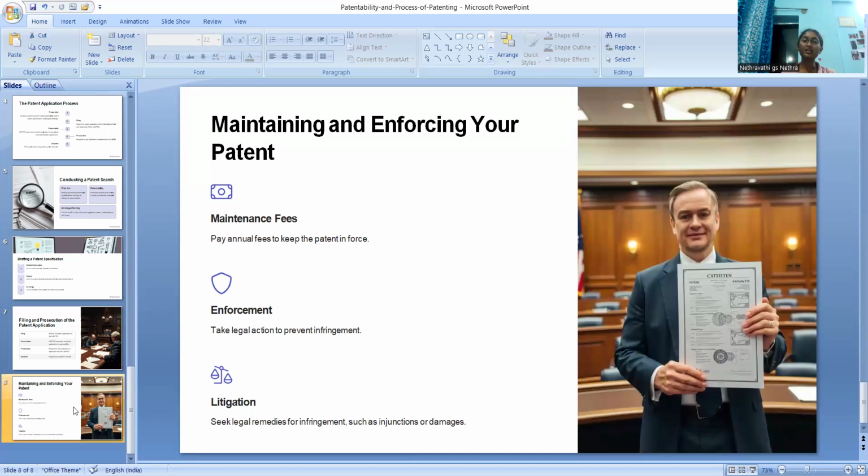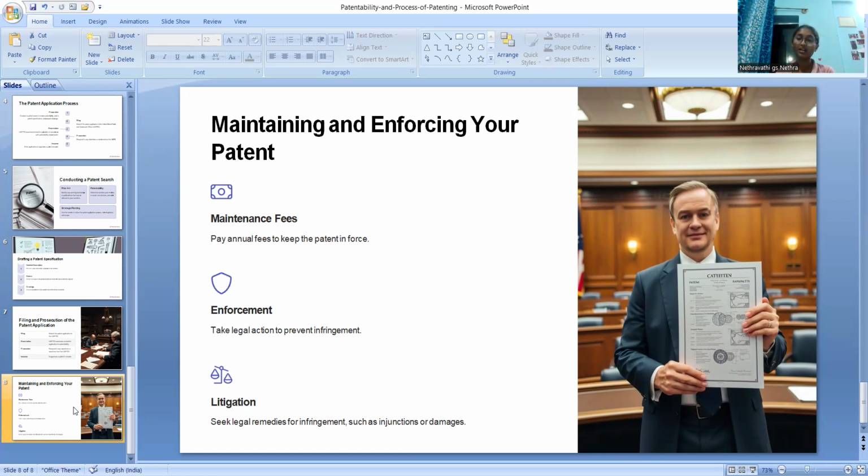Next comes maintaining and enforcing your patent: maintenance fees, enforcement, and litigation. In the maintenance fees, pay an annual fee to keep the patent in force. We need to pay to keep the patent in use, to the United States or the main government. And then in enforcement, take legal action to prevent infringement.